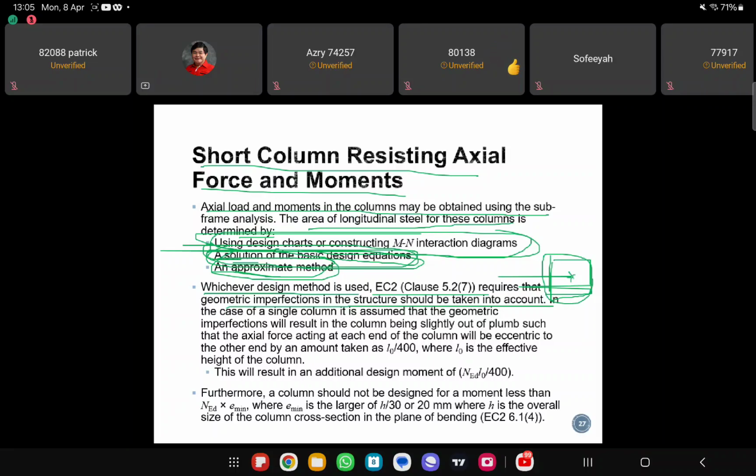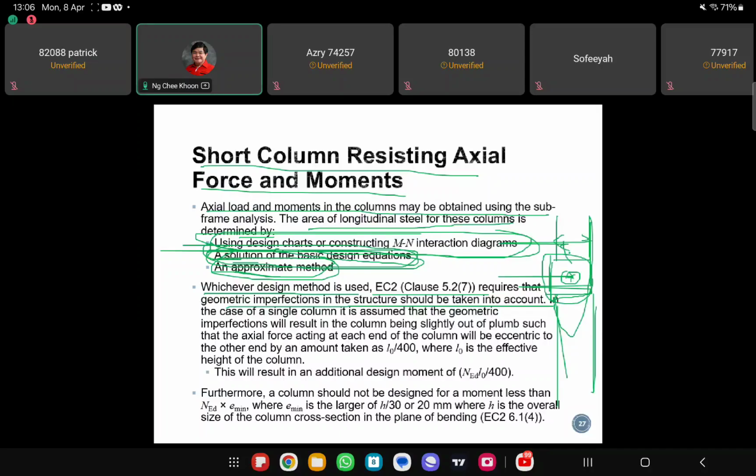The beams connected to that column may also not have perfect dimensions. So due to all these construction errors, you will have a moment transferred to the column due to the imperfection of the construction, right?